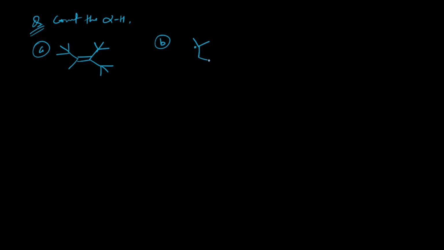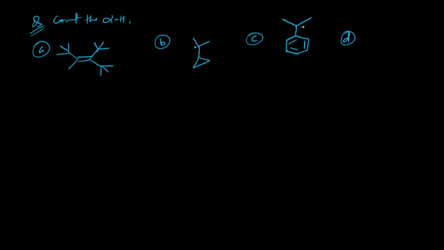This is a radical, and then here we can give one more. These four only you count and just write your answer in a comment, like in A how many alpha hydrogens are there. Whatever the number of alpha hydrogens, that many hyperconjugation structures will be there. So just be careful about counting the hyperconjugation.